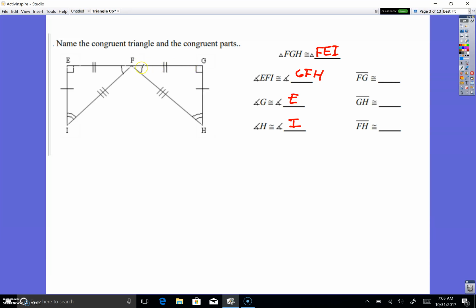FG, you see, has two lines here. This one has two lines. So I have EF. GH, one line, one line, same thing as EI. FH is the same thing as FI because it has three lines.